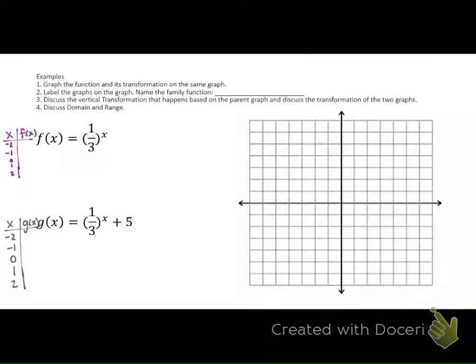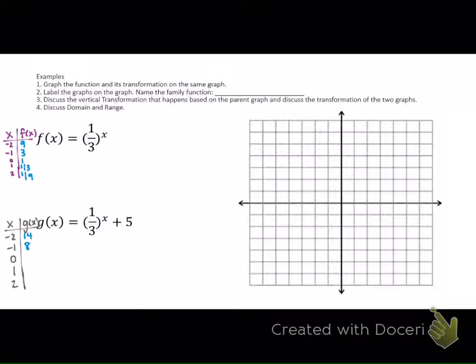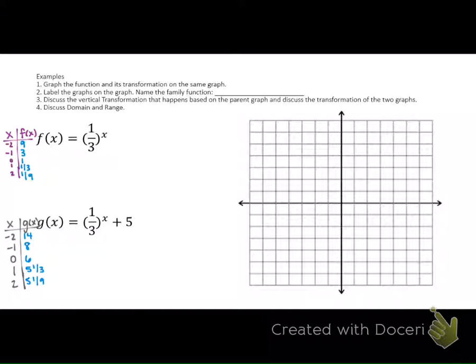Don't forget to draw in your asymptotes. So my asymptote for the first one is at 0.